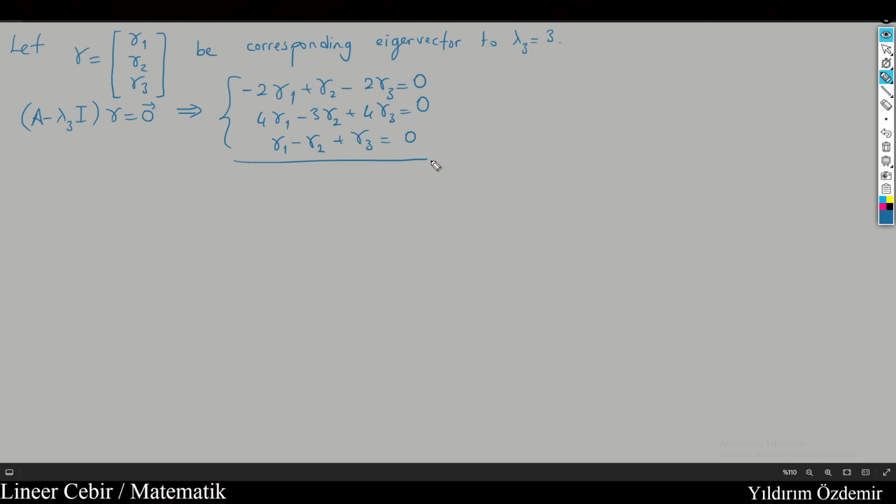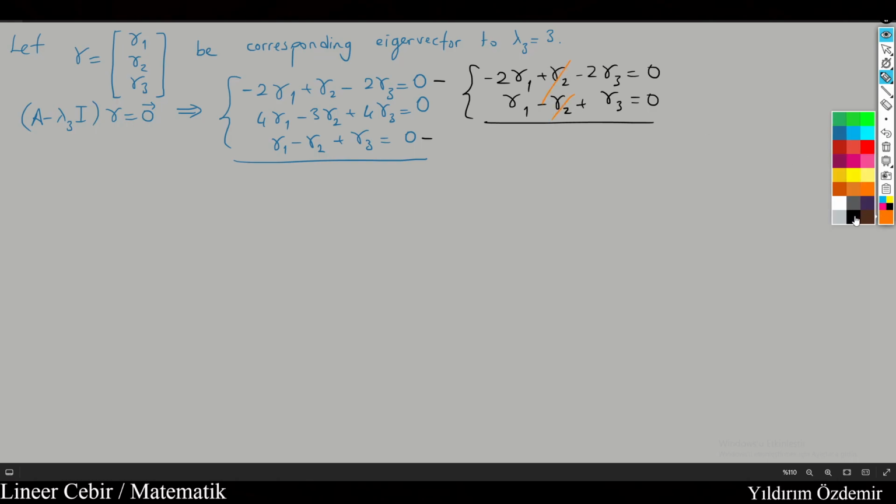Okay, it seems they are all different equations, so let's take the first and third one first of all. If we add them, they cancel. Minus gamma 1 minus gamma 3 is equal to 0.